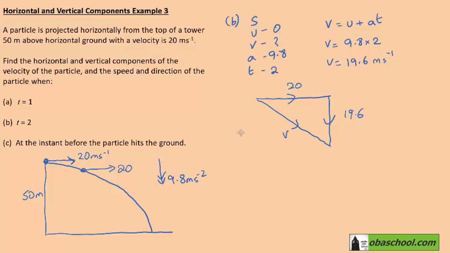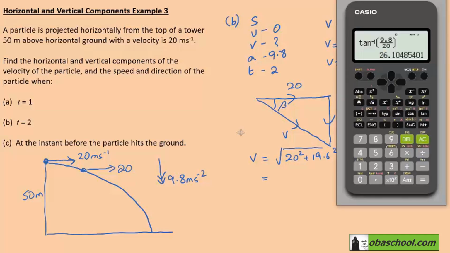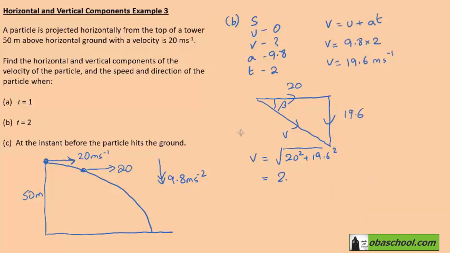We'd like to have v, and let's call this one beta. Using Pythagoras, v is just going to be the square root of 20 squared plus 19.6 squared, which is 28.00 meters per second.